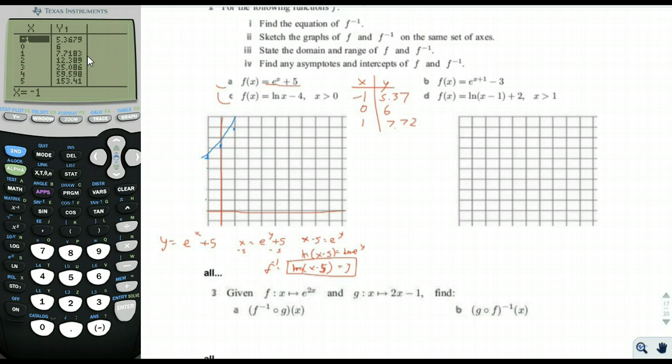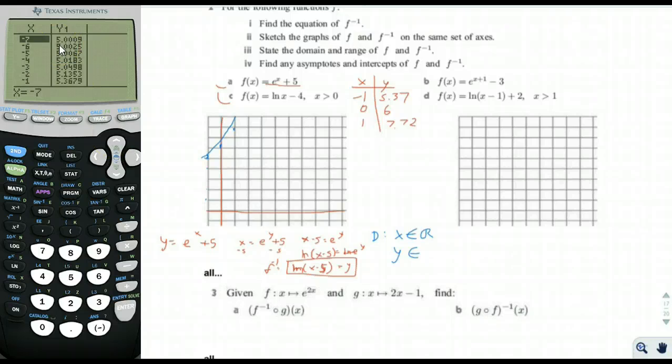And then the domain and range of f. The domain is going to be all the real numbers, and the range is going to be, there's going to be an asymptote here somewhere. Let's see on the calculator where the asymptote is.